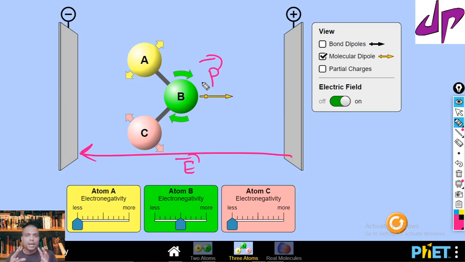Now I would like to define polarization. Polarization is nothing but the dipole moment per unit volume. So that's the definition of polarization: dipole moment per unit volume.